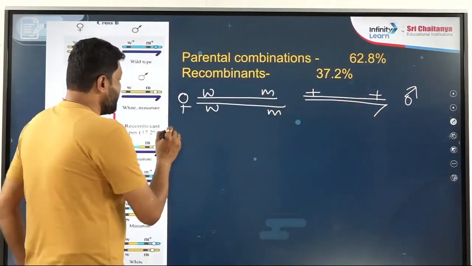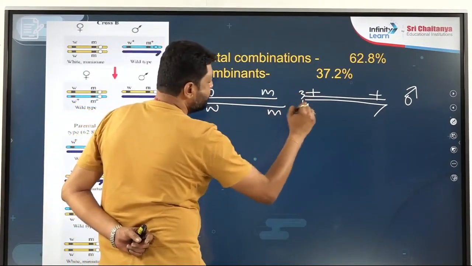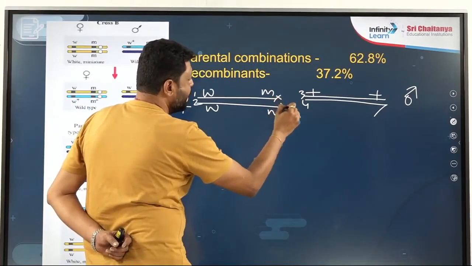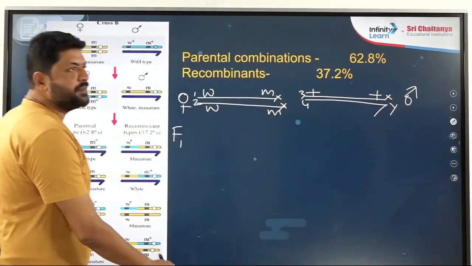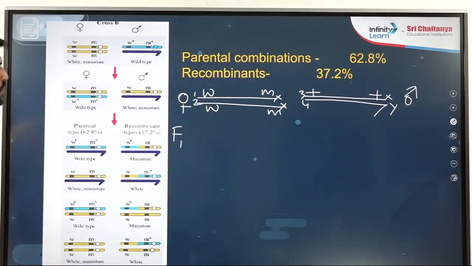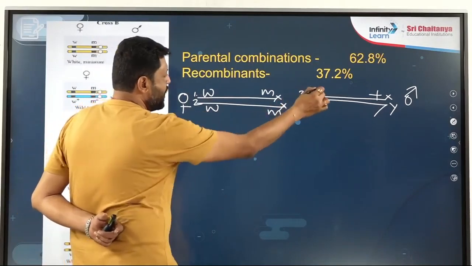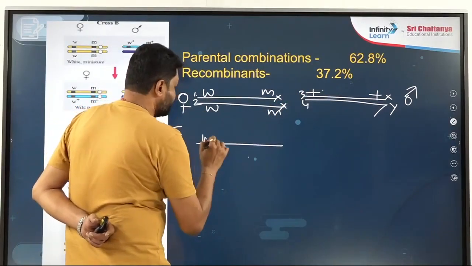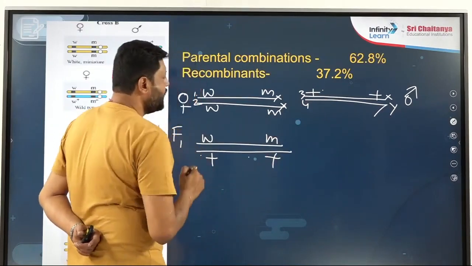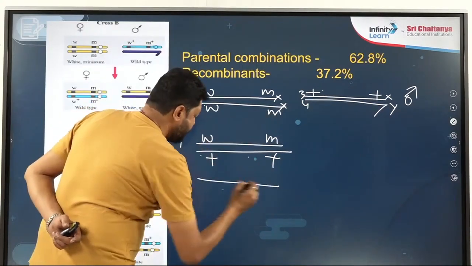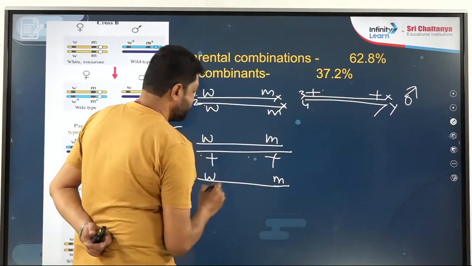So let us make the F1 generation. I put 1, 2, 3, 4 chromosomes: 1 is X, 2 is X, 3 is X, 4 is Y. I would like to make one F1 female, bringing one X from here and one X from here. So white miniature, that is plus plus, and the second, white miniature, that is plus plus.